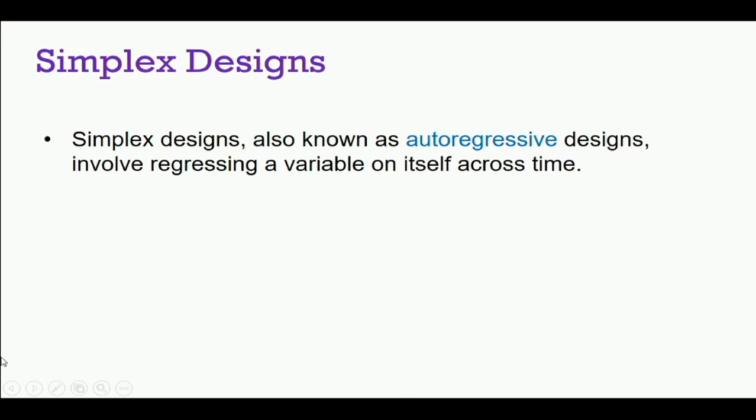So the first one here is the simplex design. It's also the most simple. It's often referred to as an autoregressive design because it involves regressing a variable onto itself across several time points. What do I mean by regressing a variable onto itself? Well, that's a fancy way of saying we look at the correlation between our DV at time 1, our DV at time 2 and our DV at time 3, and we see whether there's a high correlation.